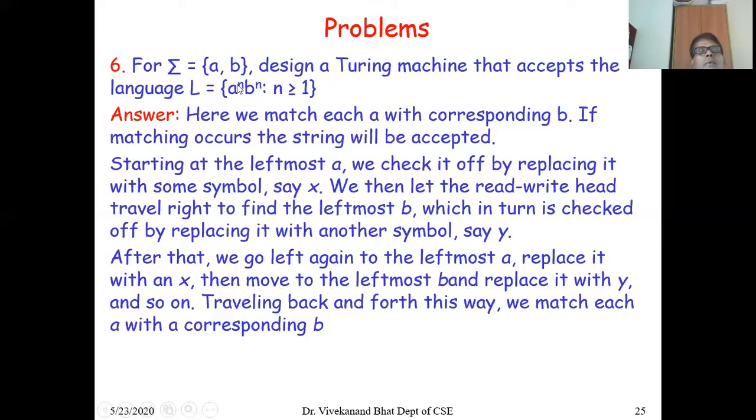So at each step, we are matching a single A with a single B. Traveling back and forth this way, we can match each A with the corresponding B.